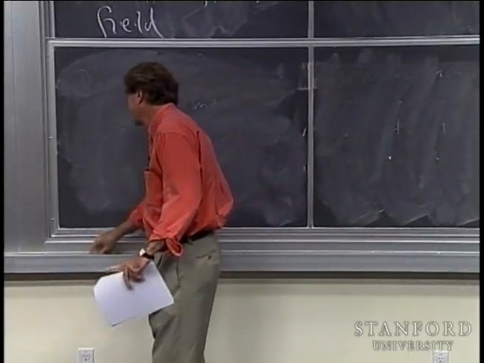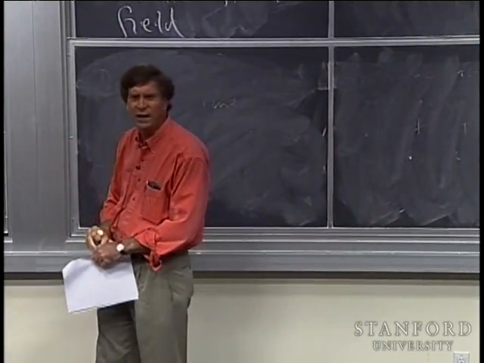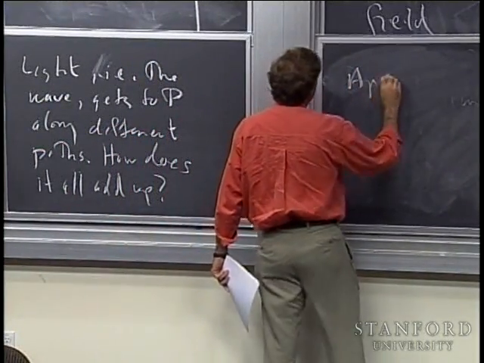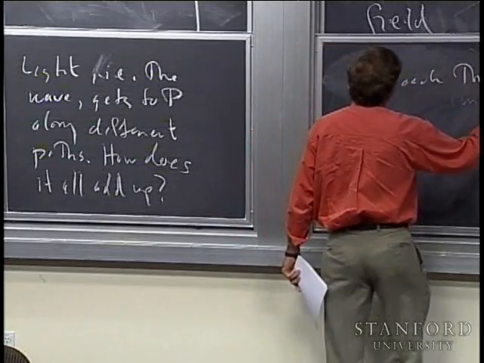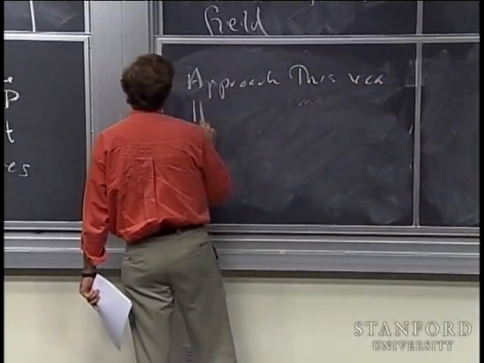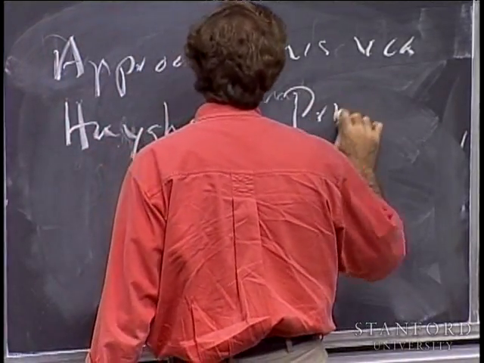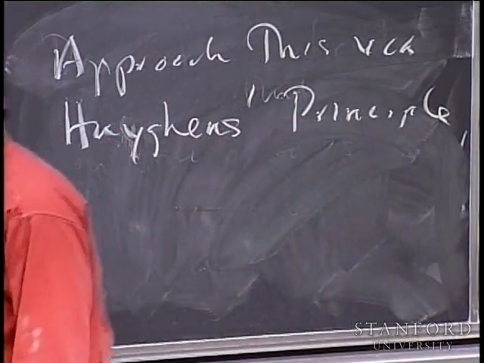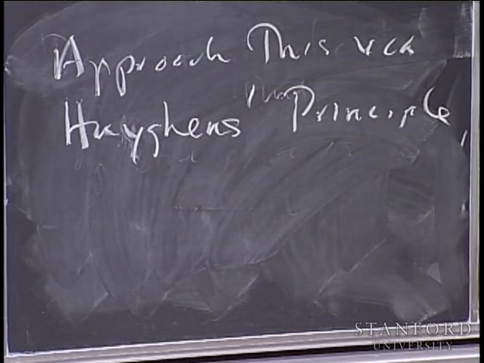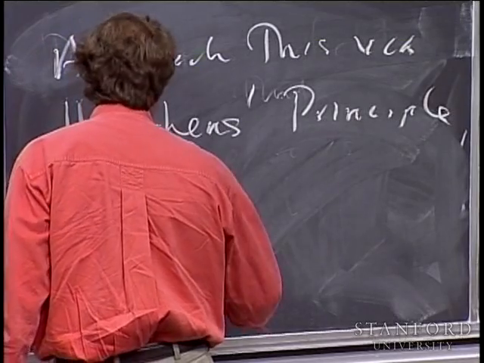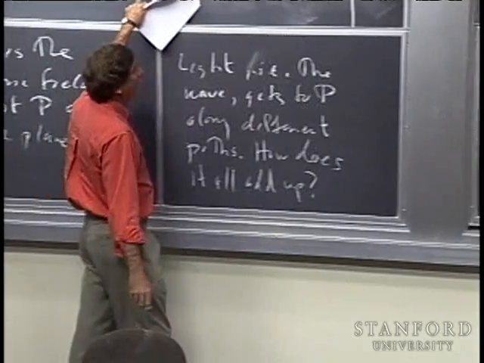I don't know how it was initially enunciated, but the way I'll talk about it, without trying to be terribly precise here, you approach this via Huygens Principle, which says that every point of a wavefront can be itself regarded as a new source. And by assumption, the aperture plane is a wavefront.